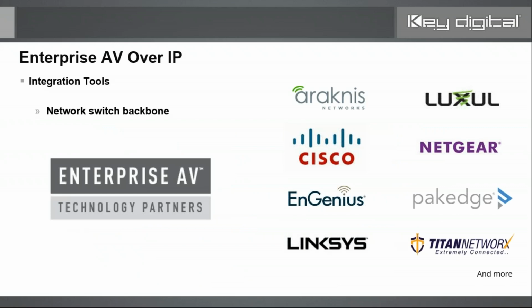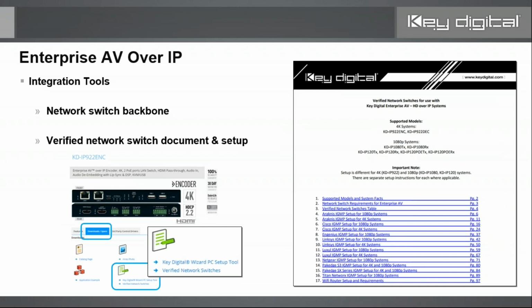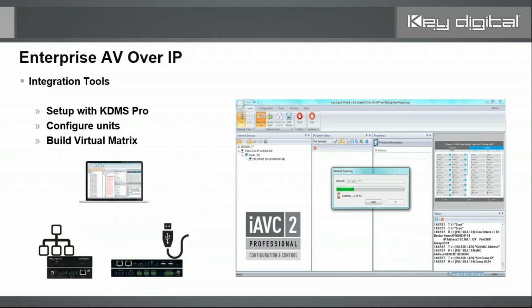With our verified network switches list available at our website, you could jump right into the setup instructions for the network switch that you want to use, where we teach you how to enable IGMP and enable 8K jumbo frame requirement if you are using the 4K IP922 system. Most of the instructions are about 6 or 7 pages, mostly pictures, and even an AV contractor without much networking experience is going to have no problem configuring their network switcher as needed.